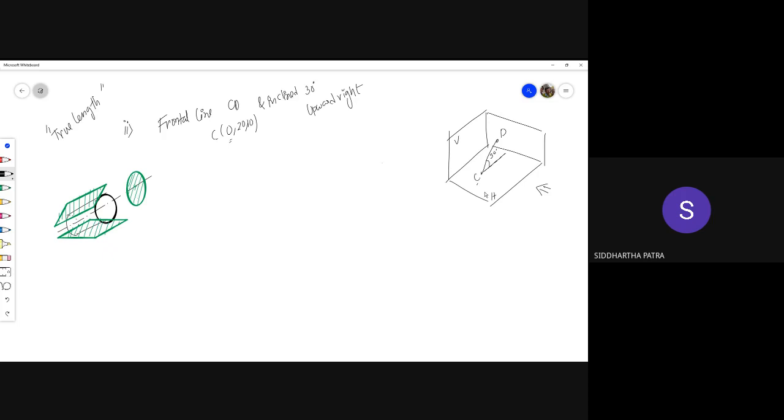So the true angle that it makes with a given plane can be obtained by projecting the line on a plane that gives you true length, or projecting the line on a plane that is parallel to the line itself.